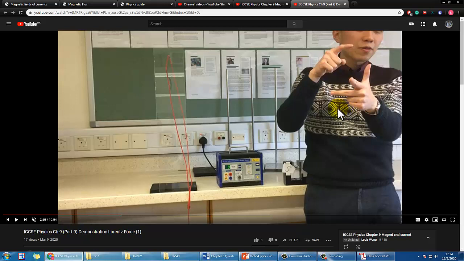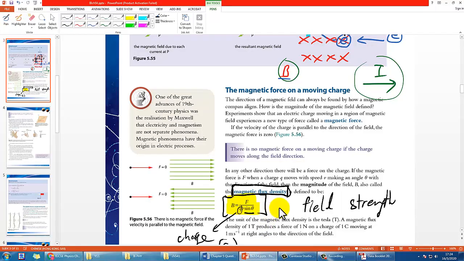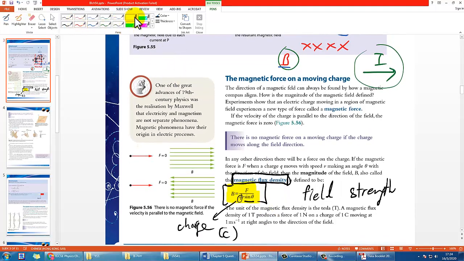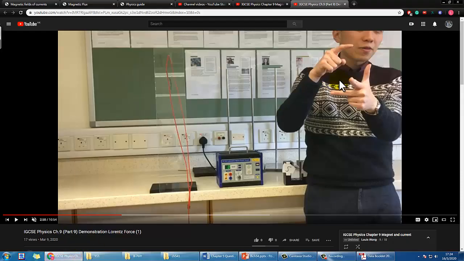The worst case is when the B field and current are in the same direction, which is also mentioned in the textbook: if the charge is moving along the B field direction, there will be no magnetic force. Because simply think about when you try to make your fingers at 90 degrees, there's no way the direction could be parallel. In that case, there will simply be no force.